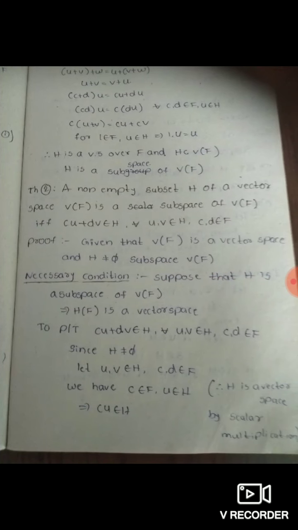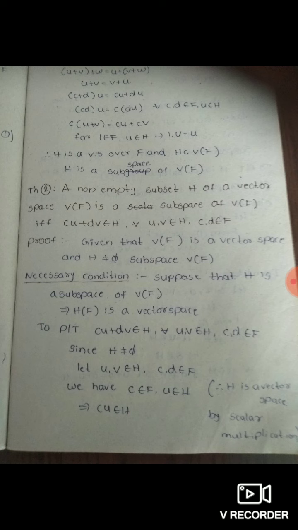A non-empty subset H of a vector space V(F) is a subspace of V(F) if and only if cu + dv belongs to H for all u, v belonging to H and c, d belonging to F. First, given that V(F) is a vector space and H is a non-empty subset of V(F). For the necessary condition, first H is a subspace, we have to show that cu + dv belongs to H for all u, v belonging to H and c, d belonging to F.